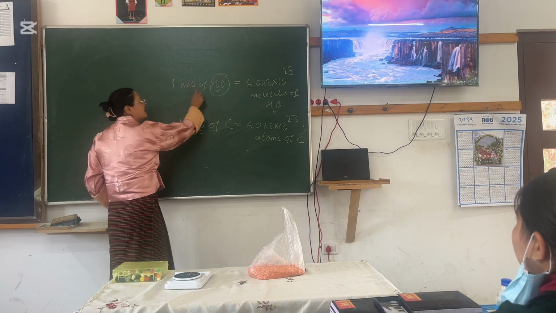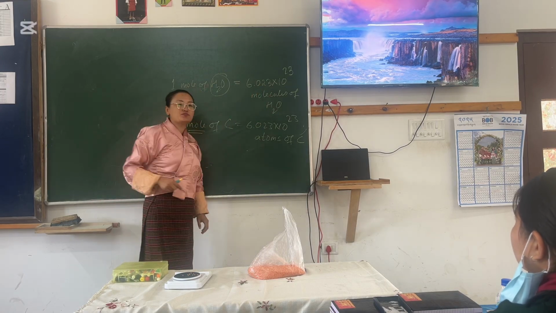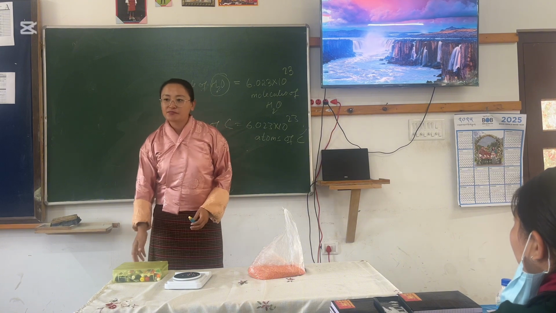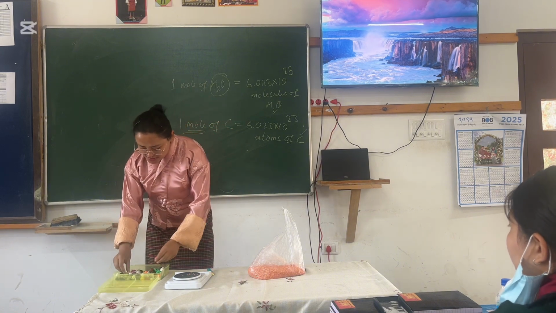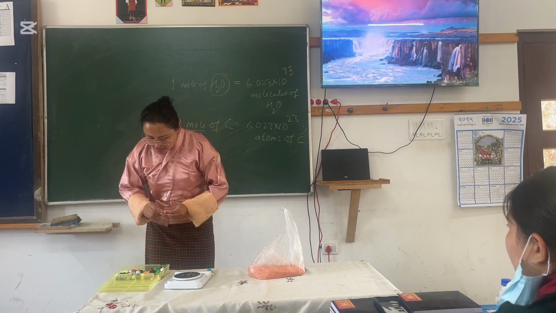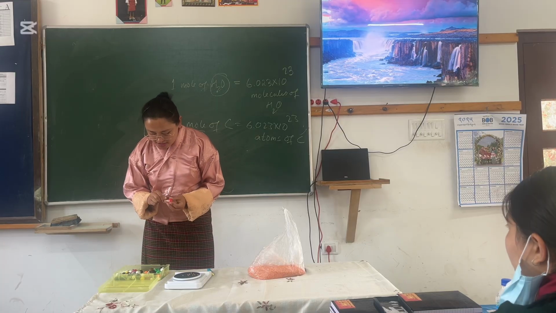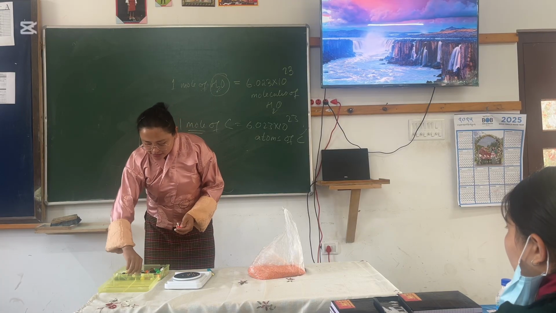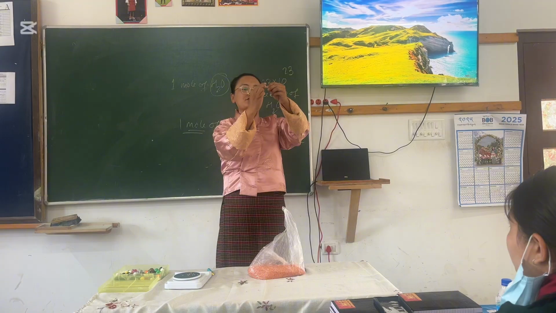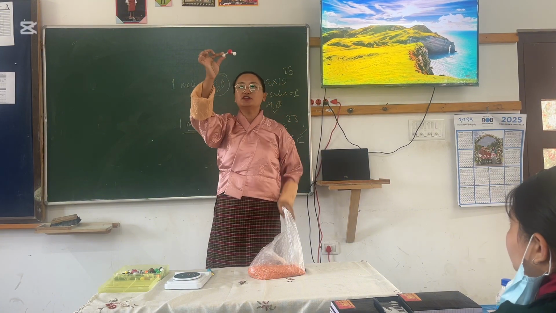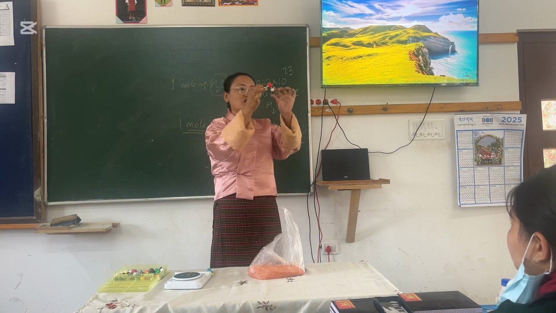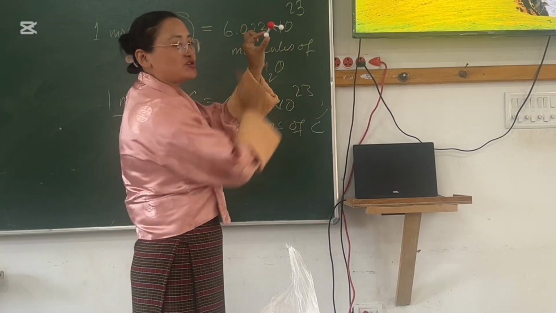So can you count this many water molecules? No, right? It would take you forever. So water, H2O, which means 1 oxygen and 2 hydrogens. This is 1 molecule of water, but in total we have 3 atoms.